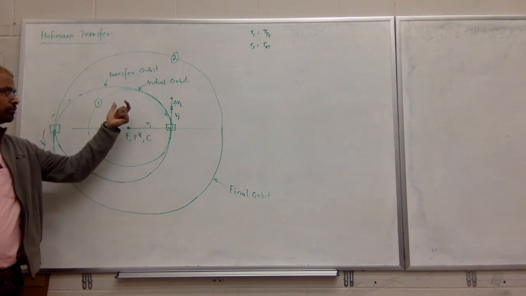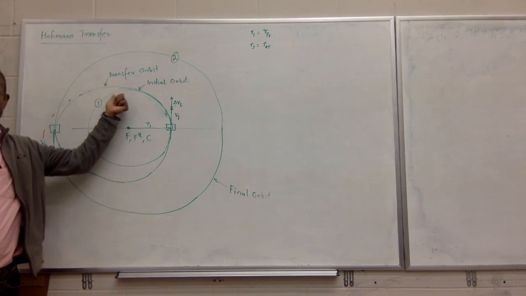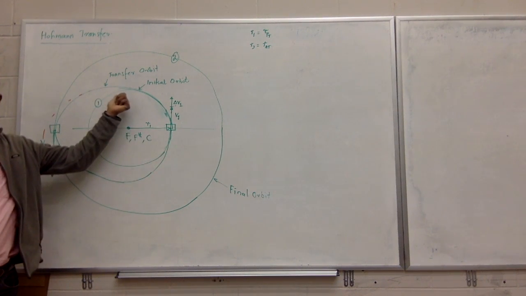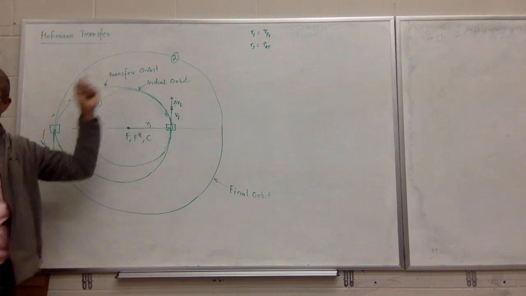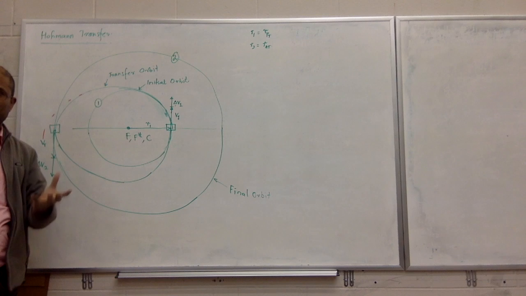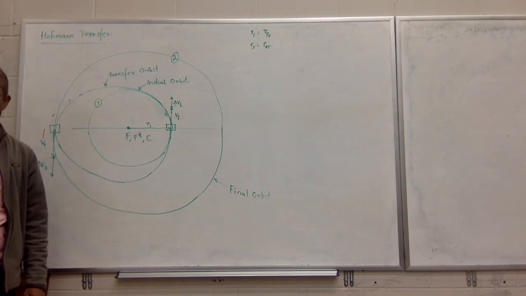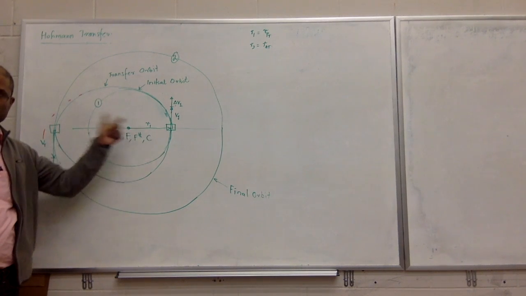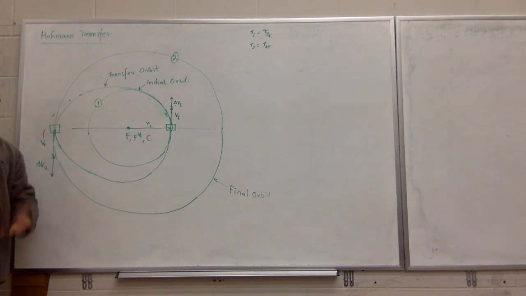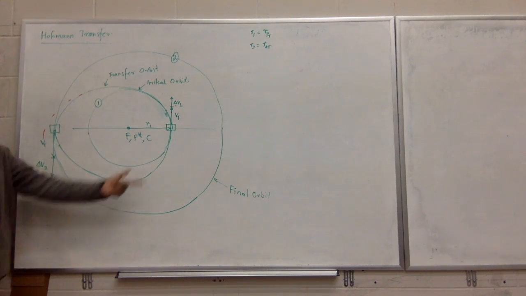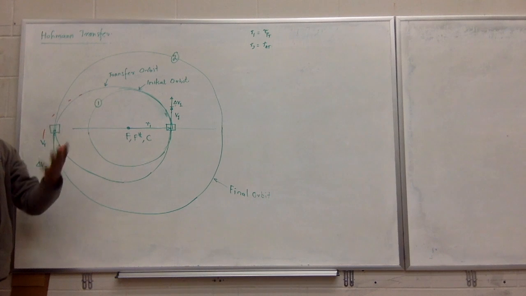So you're saying you save more fuel if you. You're going from the initial orbit to the largest possible orbit for that fuel. You understand? So you do these two maneuvers, and if you do it according to what Hohmann suggested, you're going to get into that largest orbit for that same amount of fuel.